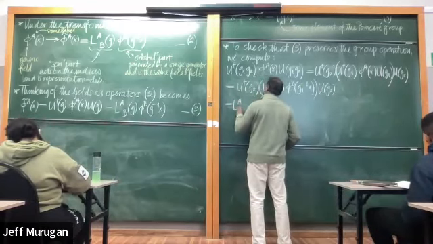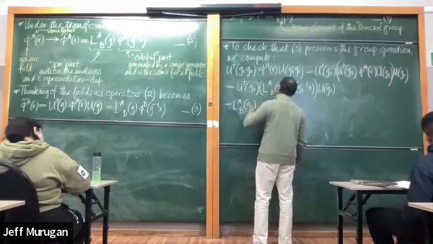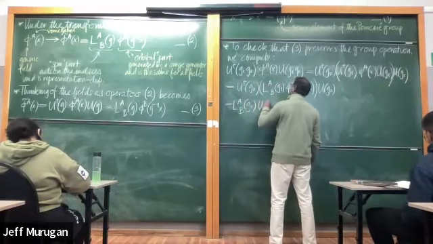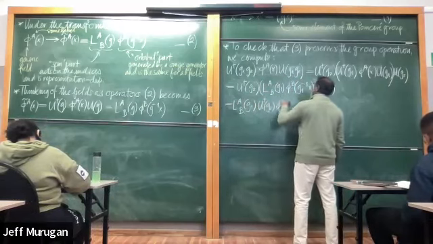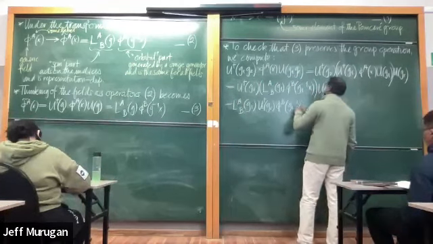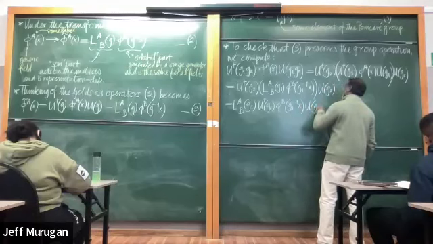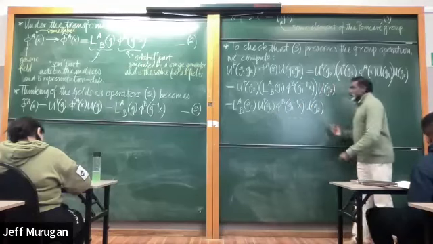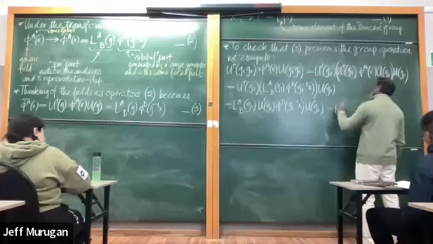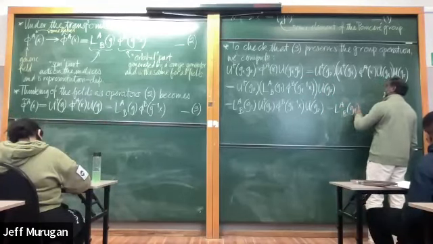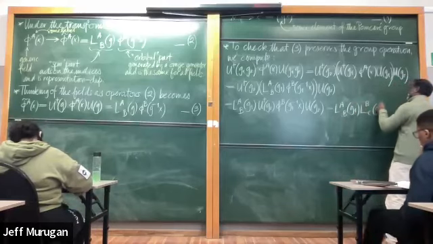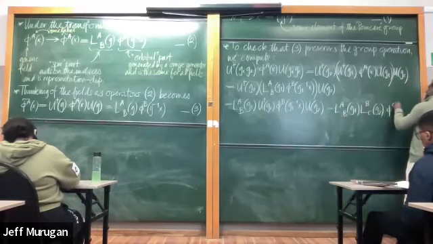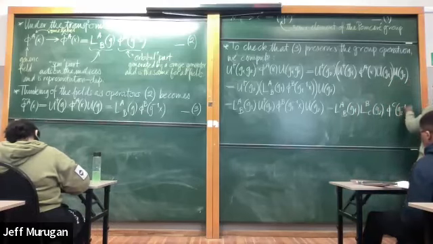That's L a b of g1 U of g2 dagger phi b of g1 inverse x U of g2. And this here is just L, let's say b c of g2 phi c of g2 inverse g1 inverse x.